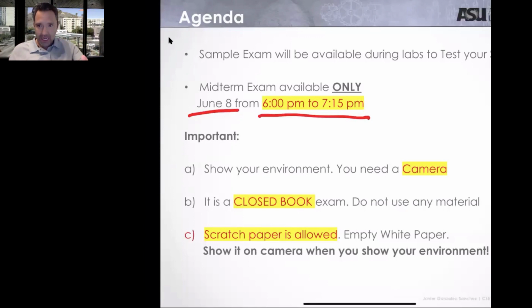So in total, I am making the exam available for 75 minutes, so 1 hour and 15 minutes. Not because the exam is that long, the exam is 60 minutes, but I am adding 15 to complete our lecture hour, but also to give you 15 minutes to complete the process that you need to follow in order to access the exam. So as long as you can complete the process in 15 minutes, you are good. You have the 60 minutes that you need to complete your exam.